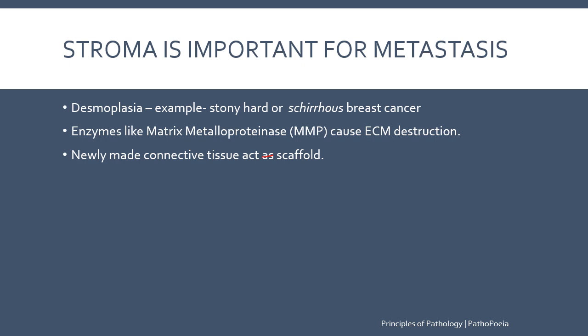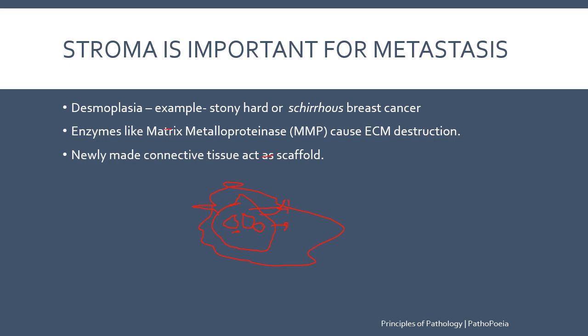Now let's see what happens over here. For example, neoplastic cells are present in the center. Normally they are present in the center, and this is the surrounding extracellular matrix. Now whenever the neoplastic cells are invading, they usually secrete certain enzymes.